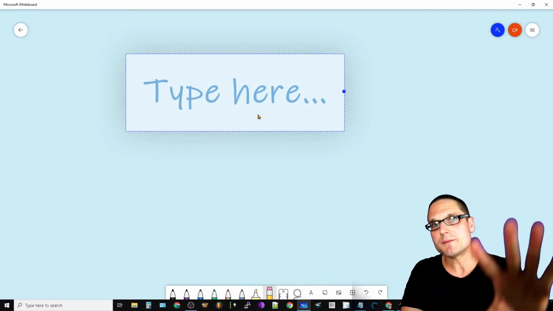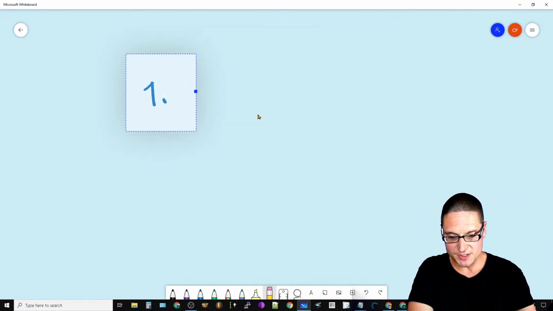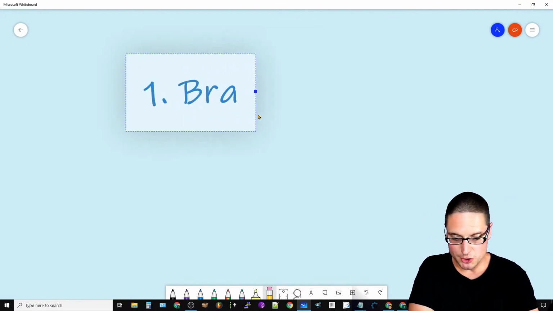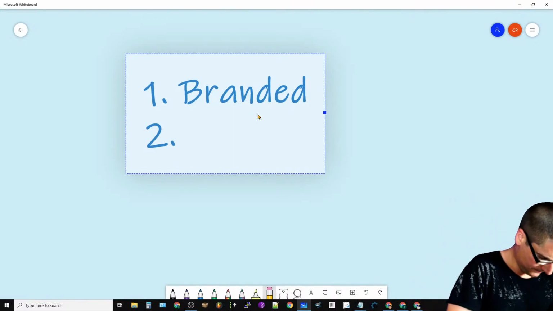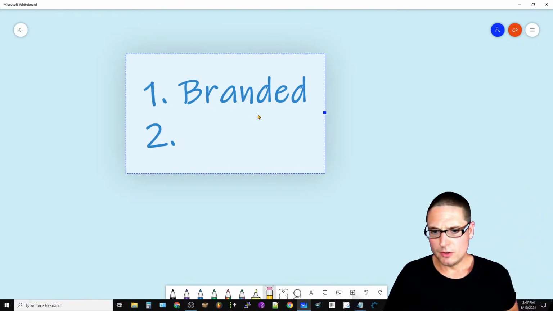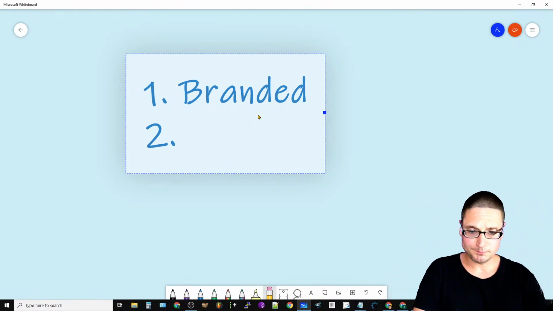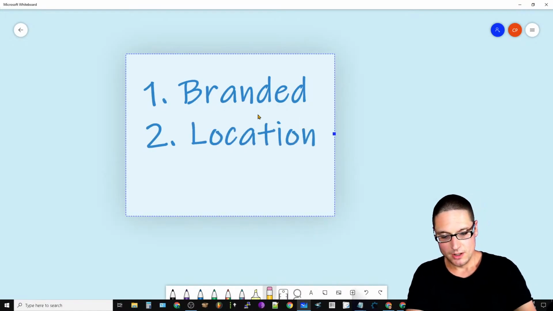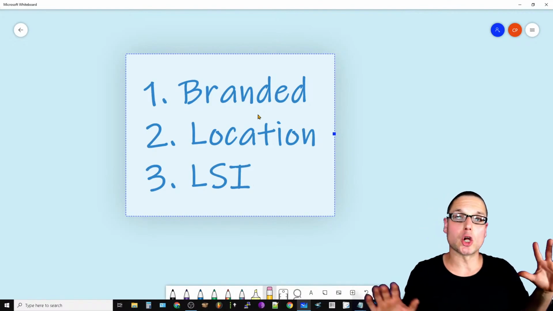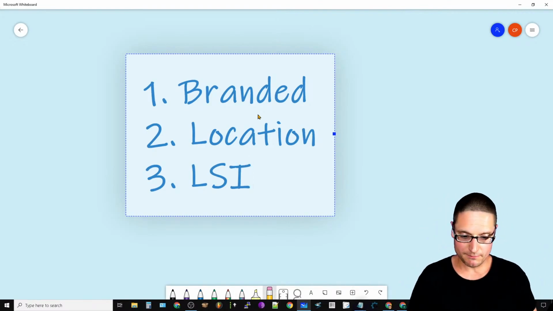So there's 5 types of traffic. Number 1 is branded traffic. Number 2 is location based. Number 3 is LSI traffic, or co-occurring keyword traffic.